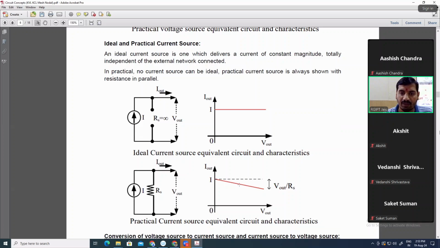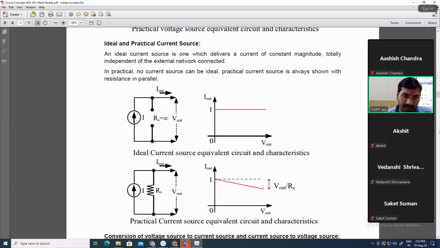As you can see, when V out increases, the current dips, means I output decreases when V output increases. When V output increases, current in this RS will increase.